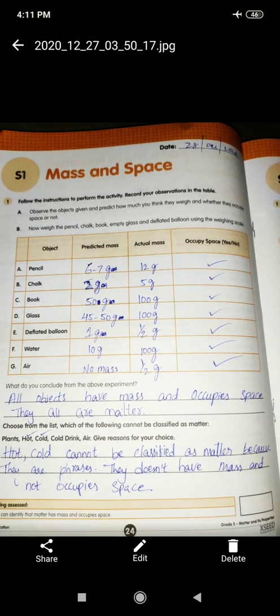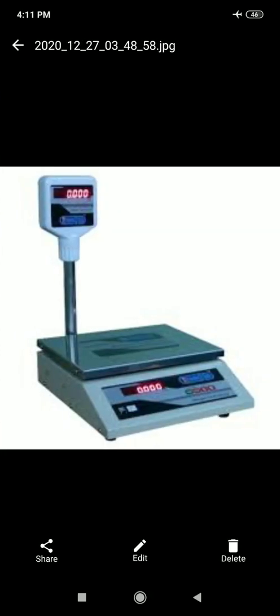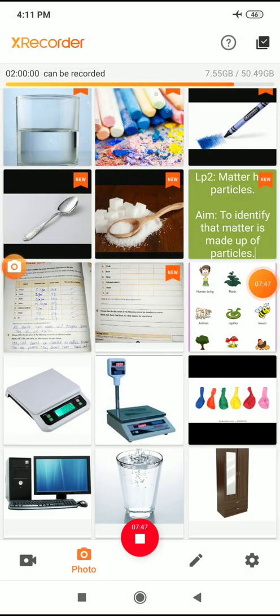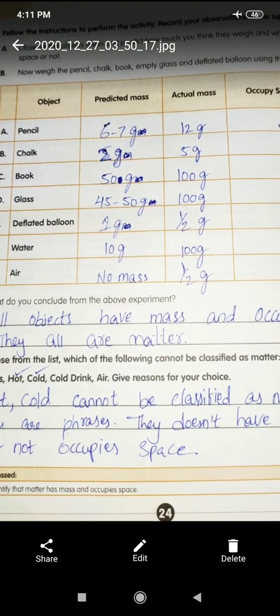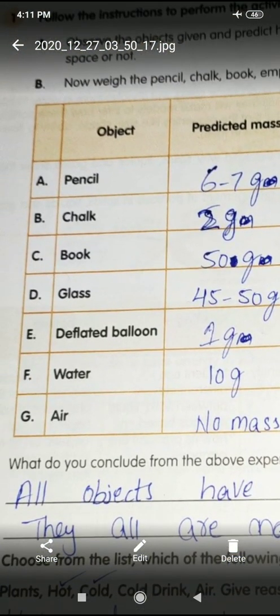The second question is, what do you conclude from the above experiment? By weighing some of these things, what do you conclude? That all those objects have mass and occupy space, right? It will be better if you take these things: pencil, chalk, book, glass, deflated balloon, water and air.